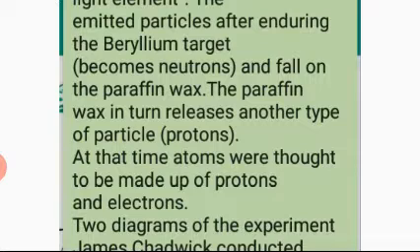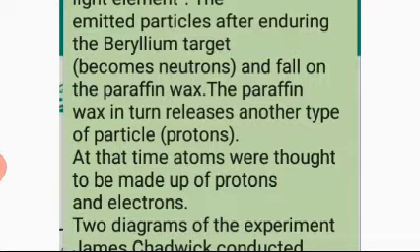The emitted particles after hitting the beryllium target become neutrons and fall on the paraffin wax. This is about the experiment. The paraffin wax in turn releases another type of particle, protons. Protons are also present in any atom, so protons were released.